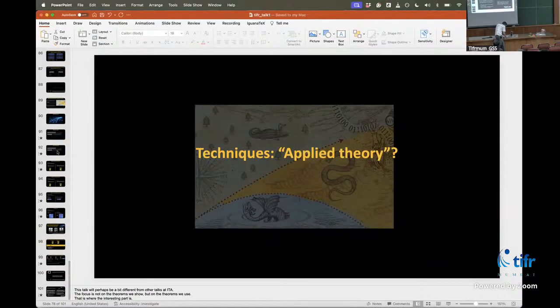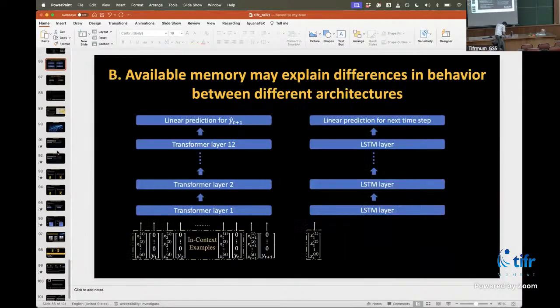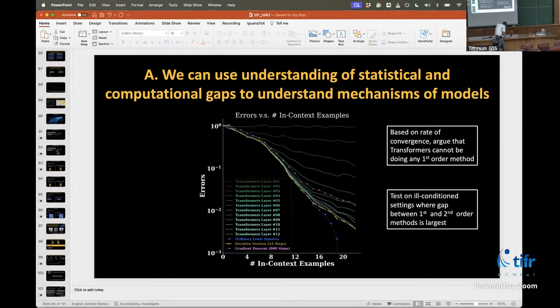Okay. Oh. I'm not sure what this is doing. Maybe, yeah, maybe I should just not use this.